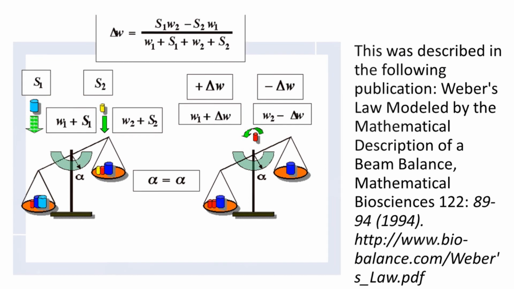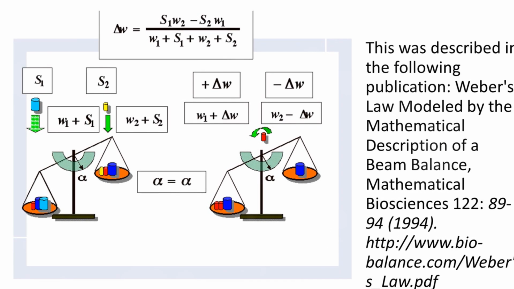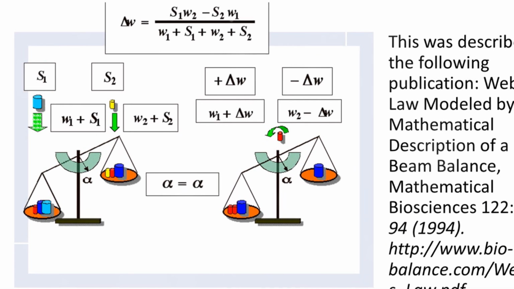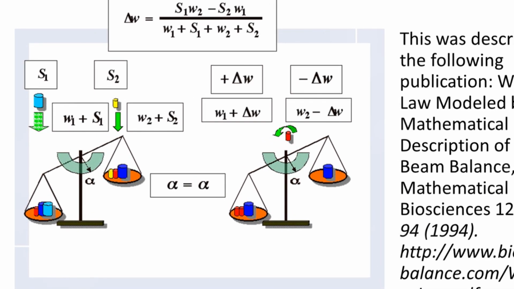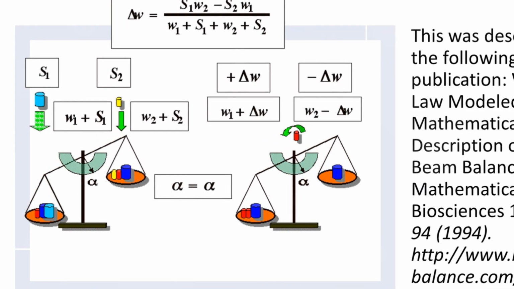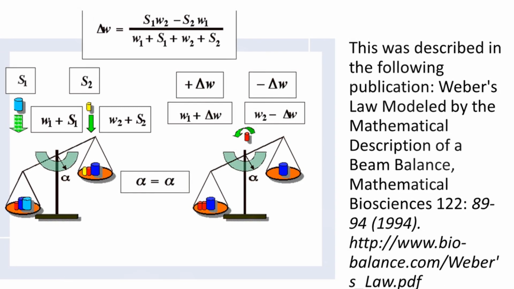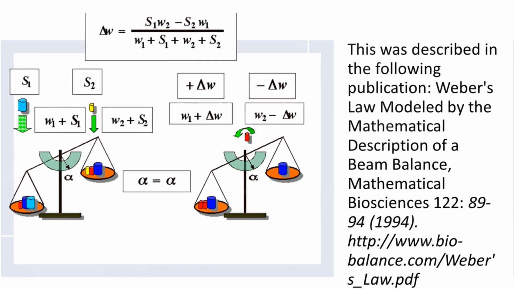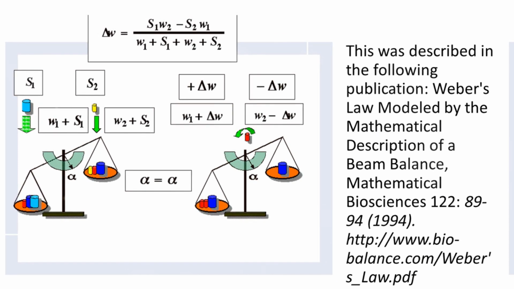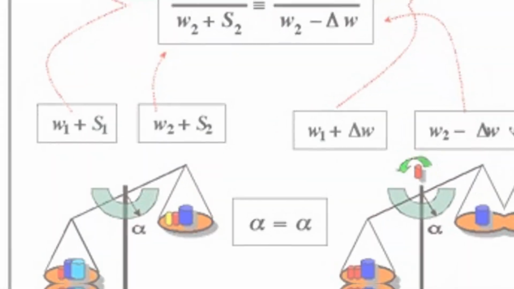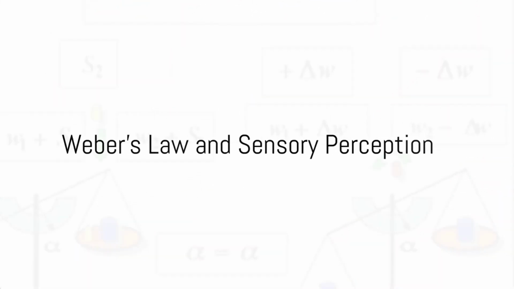This was first described for a simple balance in the following publication: Weber's law, modeled by the mathematical description of a beam balance. Mathematical Biosciences 122, 89-94, 1994. This is a remarkable and surprising observation from such a relatively simple equation derived for the tilt in a simple balance.